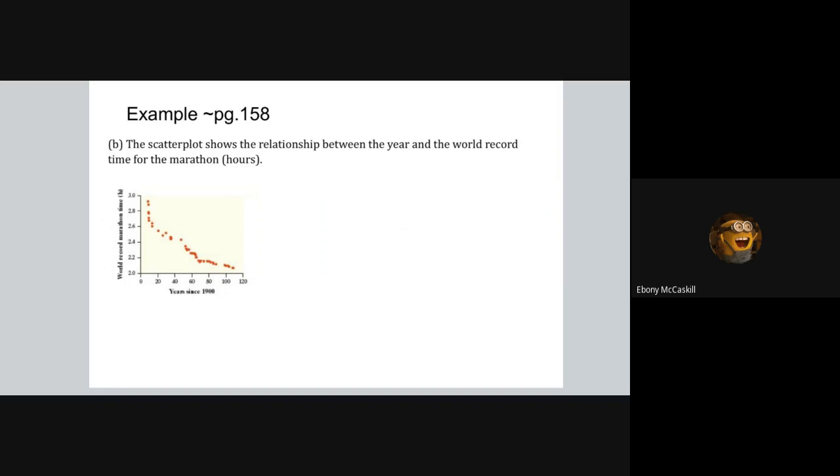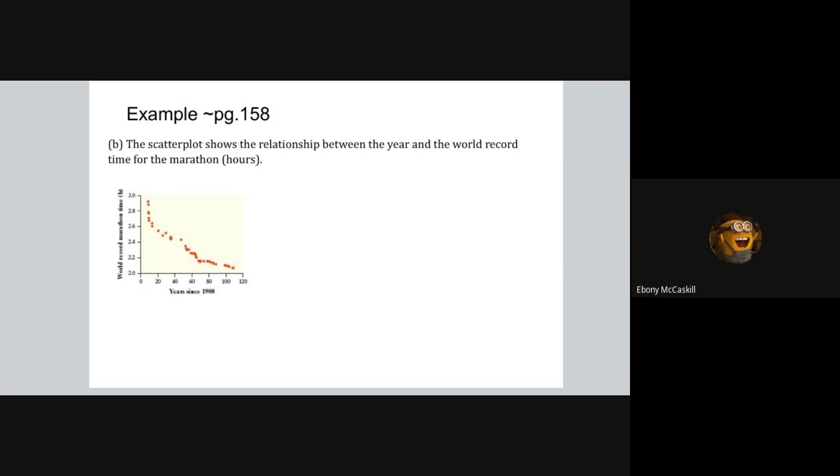Lastly, we have a scatter plot that shows the relationship between the year and the world record time for marathon in hours. Take a second. You don't have to say it out loud, but I want you to think about it. What is the strength? Let's do strength first. Is it strong, weak, moderate, moderately strong, moderately weak?